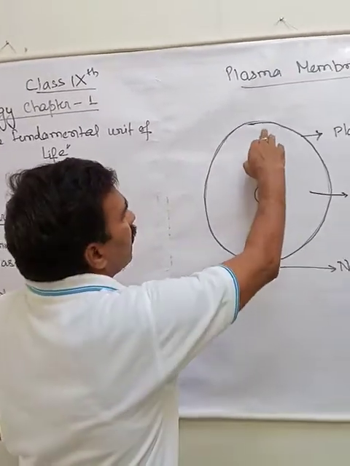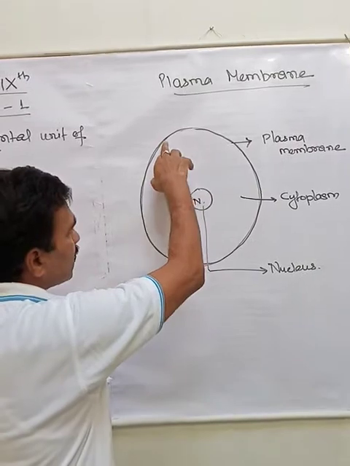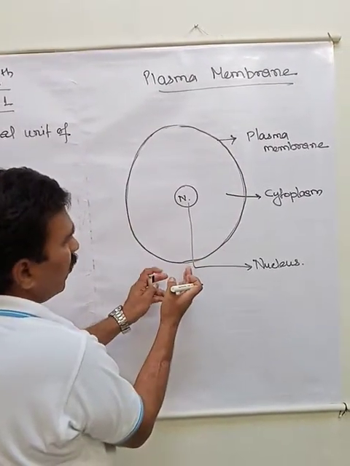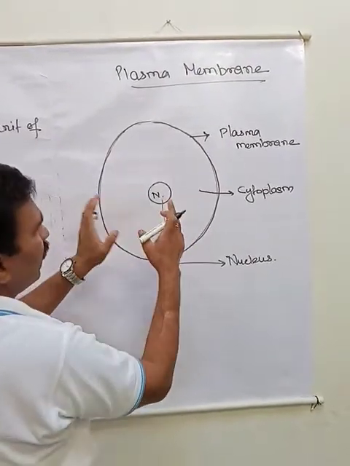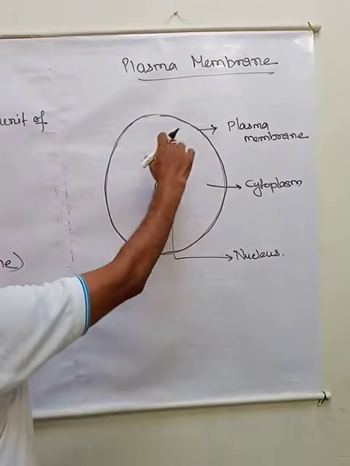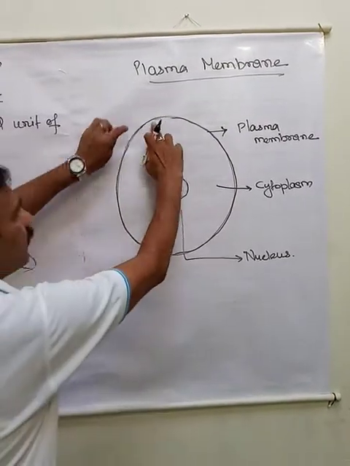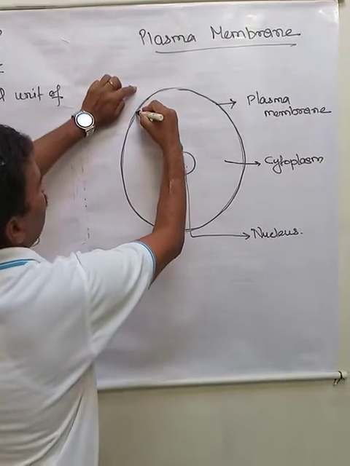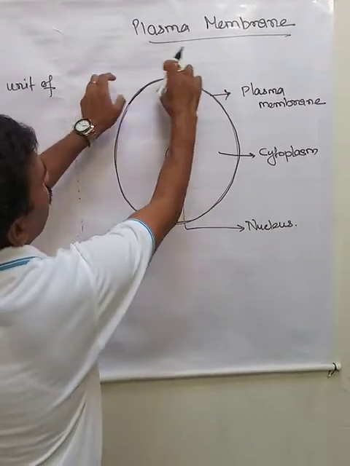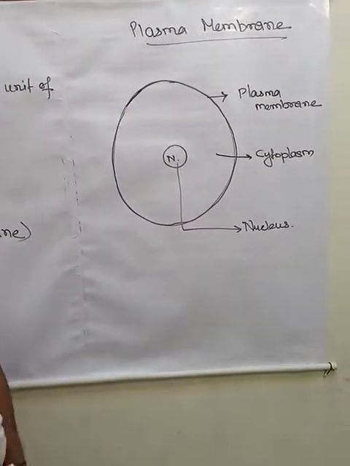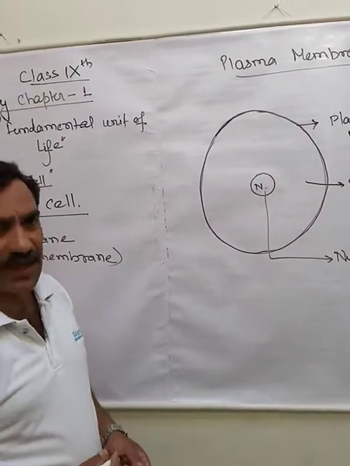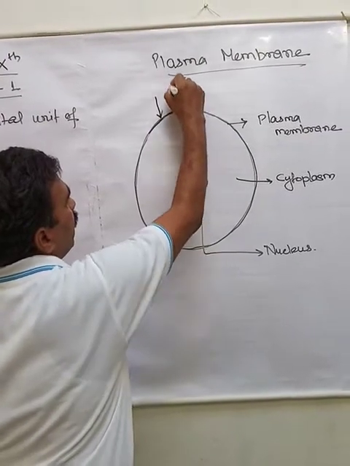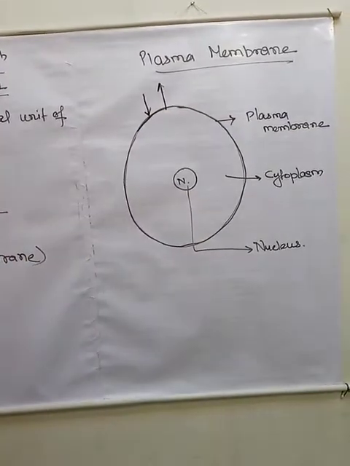Before that, let us see what the structure of this plasma membrane is. I am going to erase this and draw the diagram of the cross section of a membrane, showing how it allows substances to come in and to go out through it.